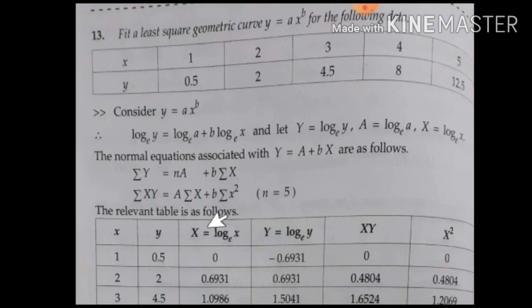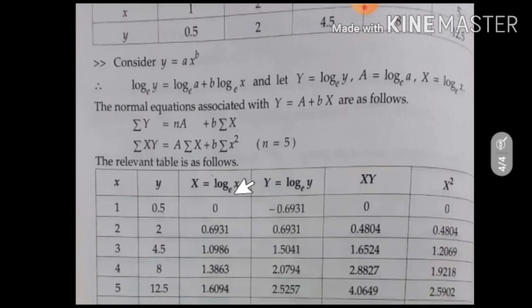So observe it here, it is nothing but ln. In a calculator, when you are operating it, use the ln button, natural log. So find out all those data required to substitute in the normal equation. Here there is a typing mistake: it is capital X square, not small letter x, capital X square.